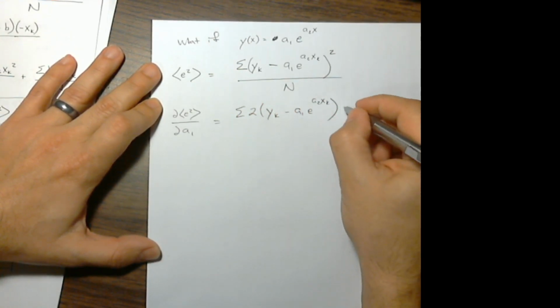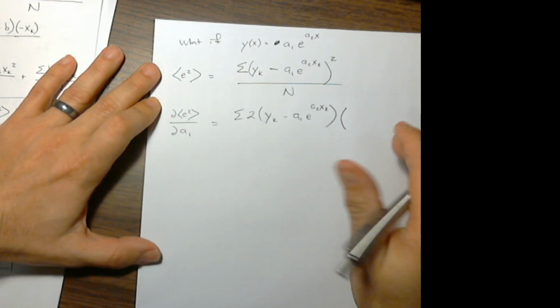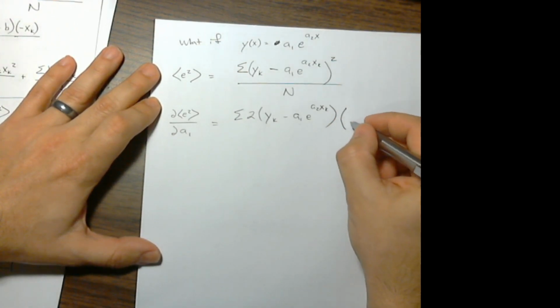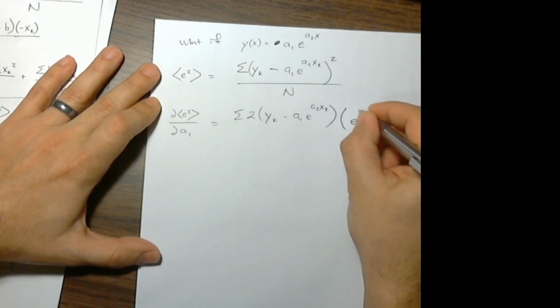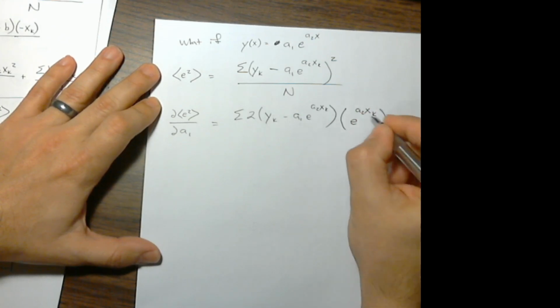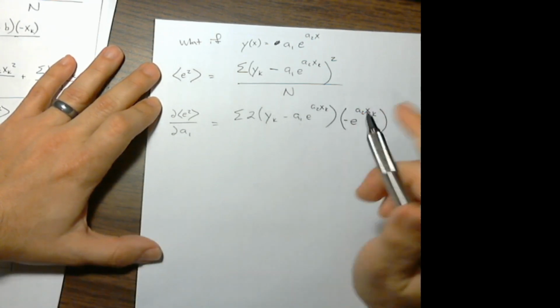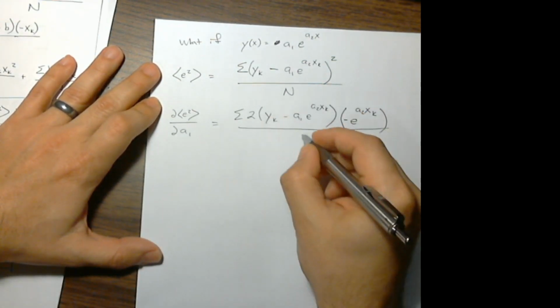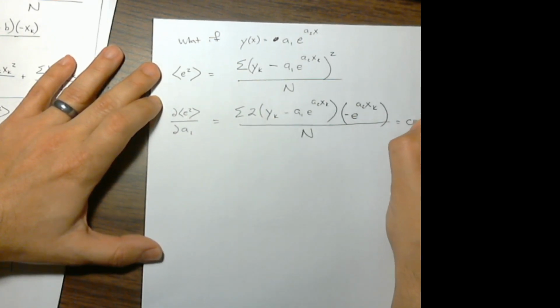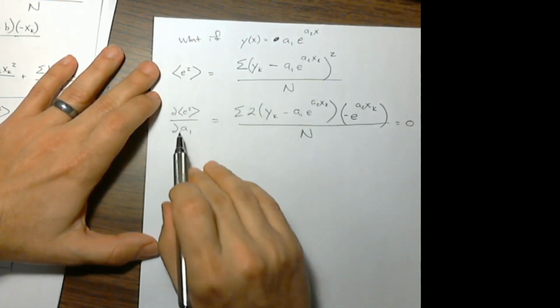And now I multiply by the inside derivative. Pretty easy, right? Well, wait for it, and we're going to say that that's equal to 0 because we want to optimize this.